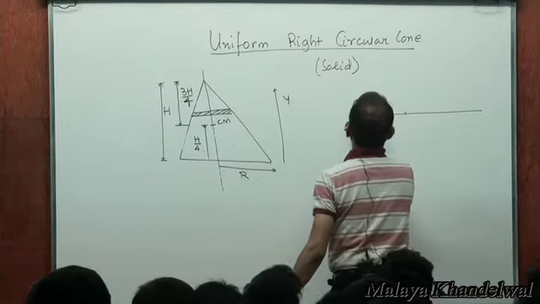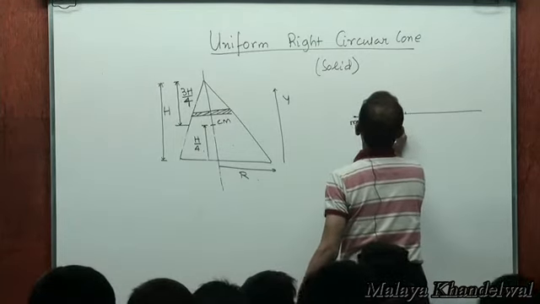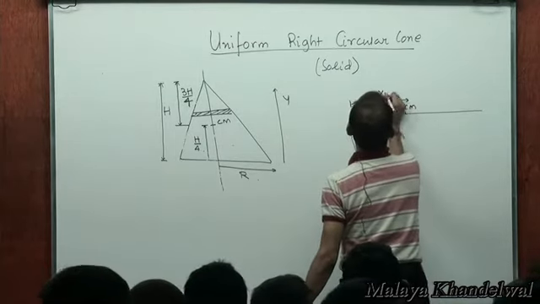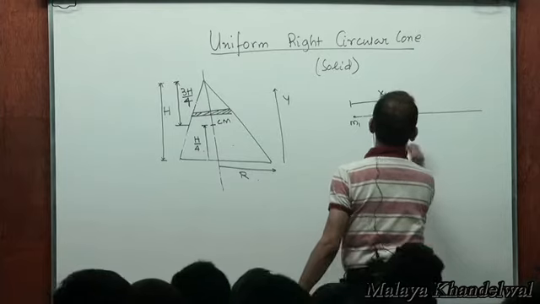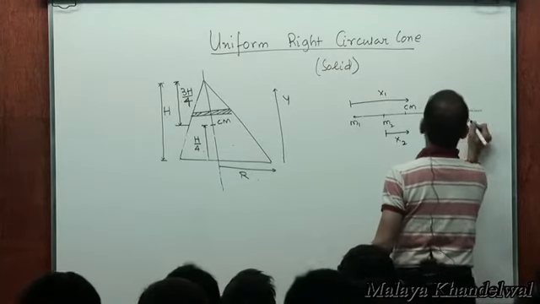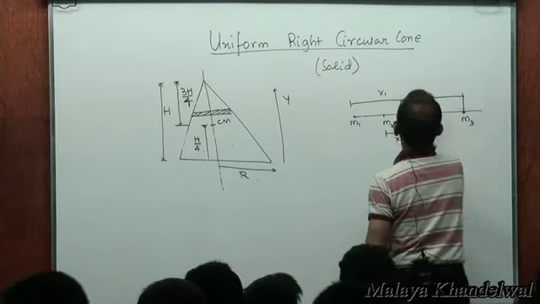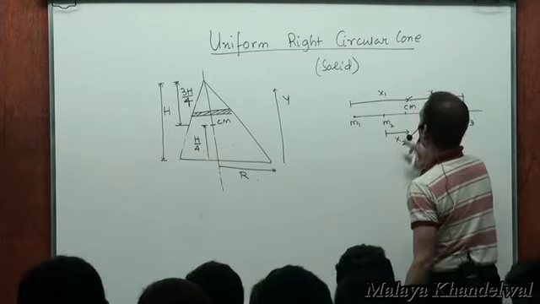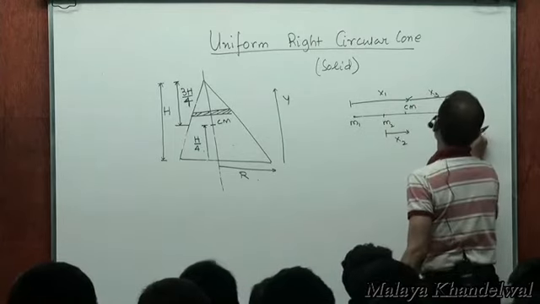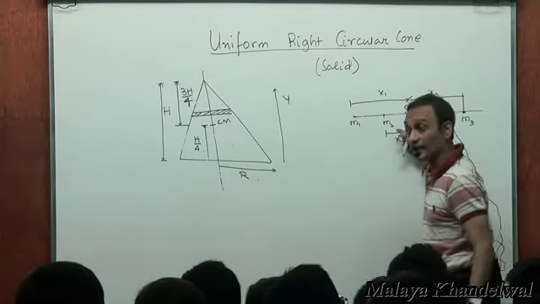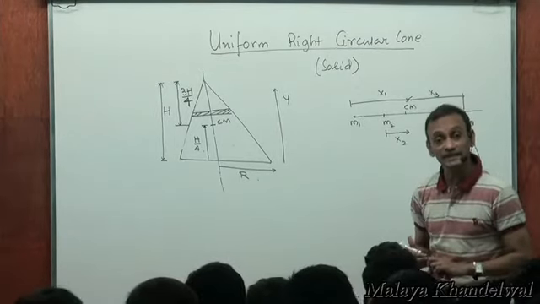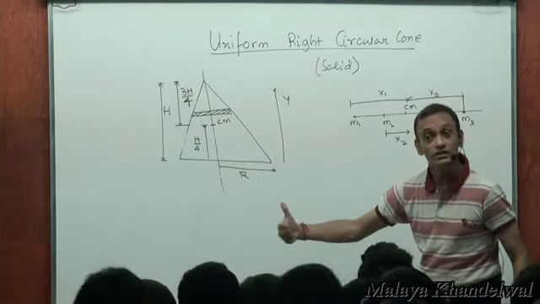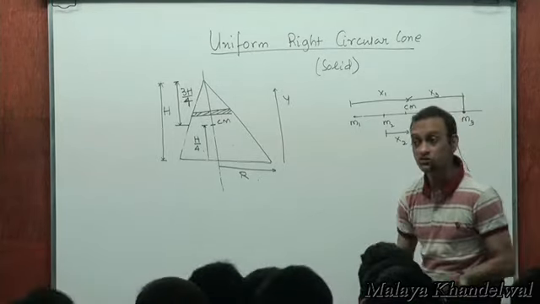If this is mass m1 located here, a mass m2 located here, and this is the center of mass, and if this was x1 and this was x2 and this was m3 located at x3, then m1 x1 from the left plus m2 x2 from the left must balance m3 x3 from the right. That means all the mi xi's on the left hand side must be equal in magnitude to all the mi xi's on the right hand side. I mentioned this result to you, right?